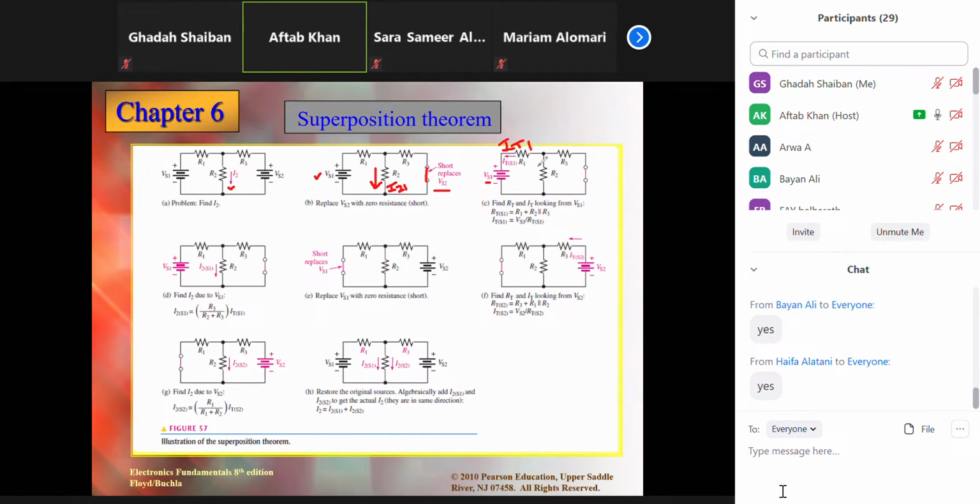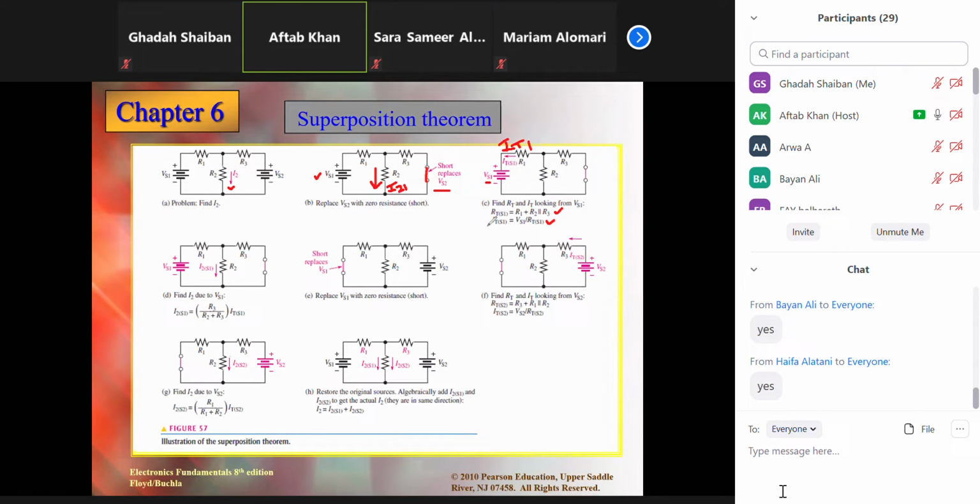All right. After calculating the total current, you can see how you are going to do this one. R2, R3 is in parallel. Then later on it is going to be in series with R1. So this way we'll be getting the total. Okay. Then if you divide the voltage source voltage by this one, you will be getting the total current.